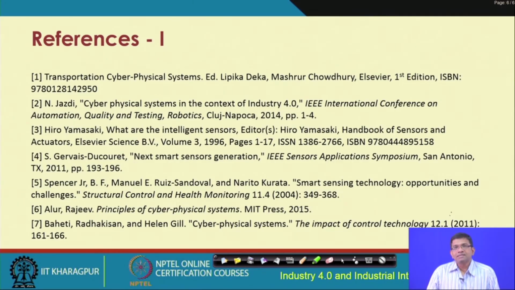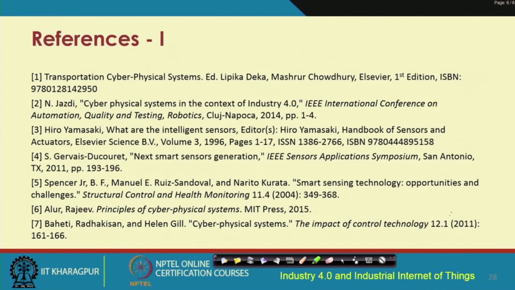Cyber physical systems and IIoT are strongly interlinked. Essentially, what we are trying to do is use the abstractions of these cyber physical systems in the form of different objects. Objects means we are talking about virtual objects, not the physical objects.